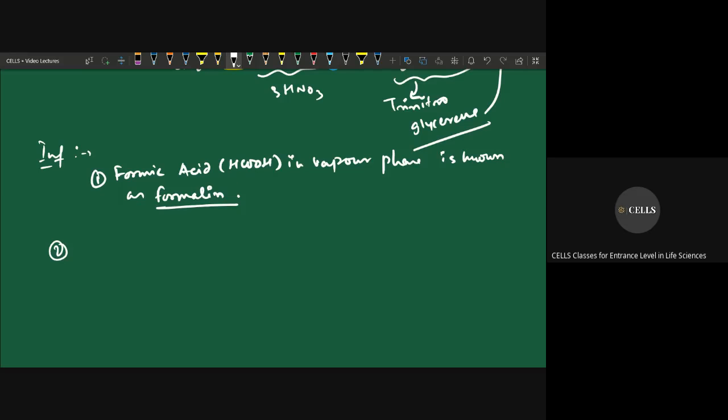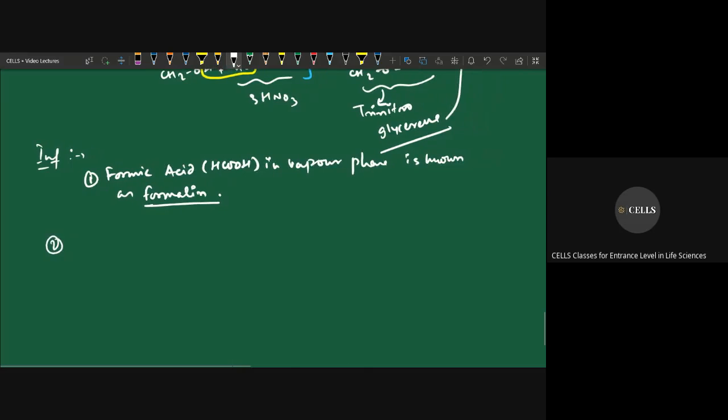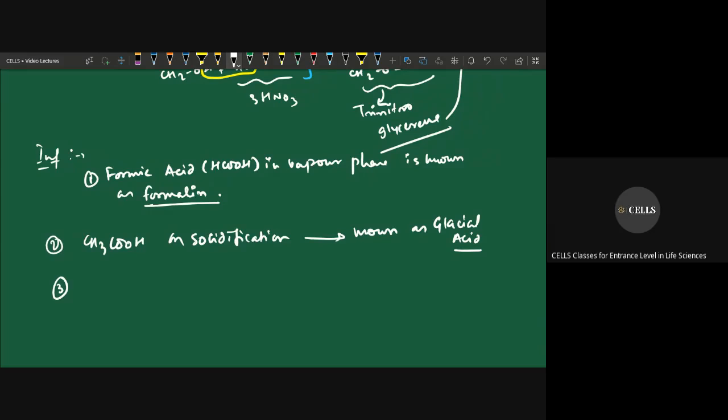Second, suppose we have CH3COOH, acetic acid. On solidification, this acetic acid is known as glacial acetic acid. Third, in vinegar, about 7% acetic acid is present.